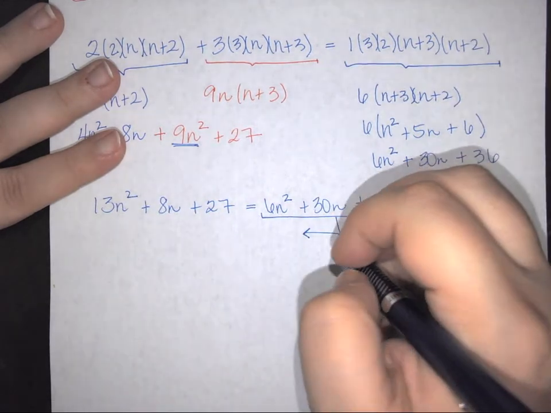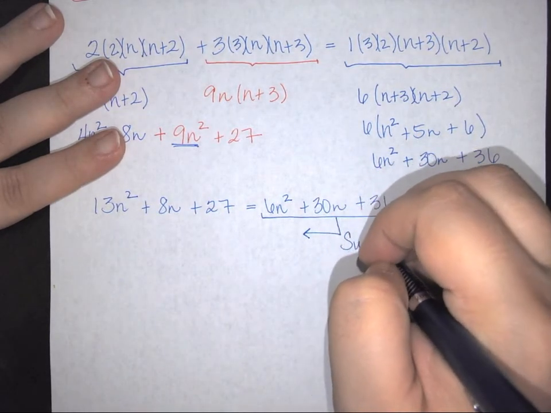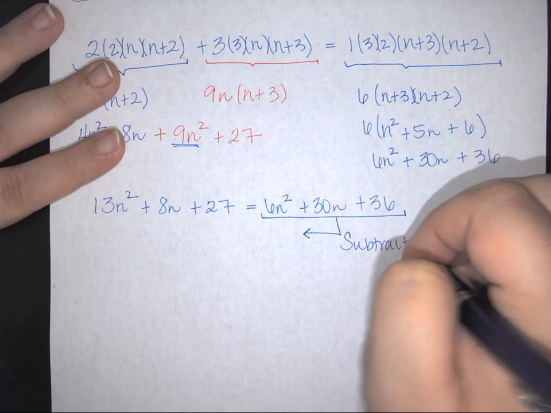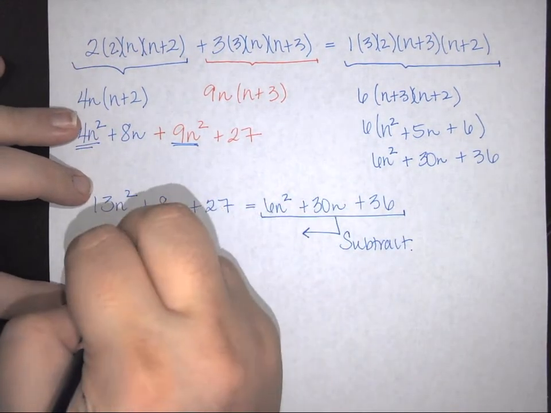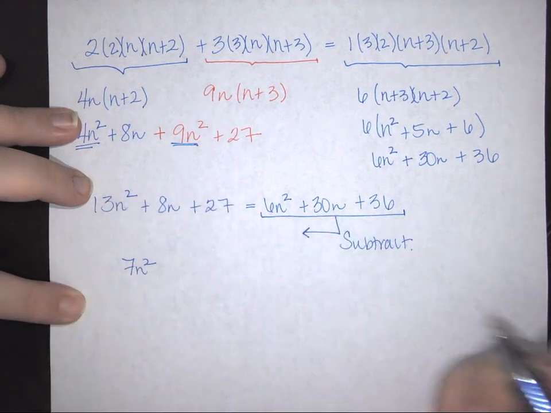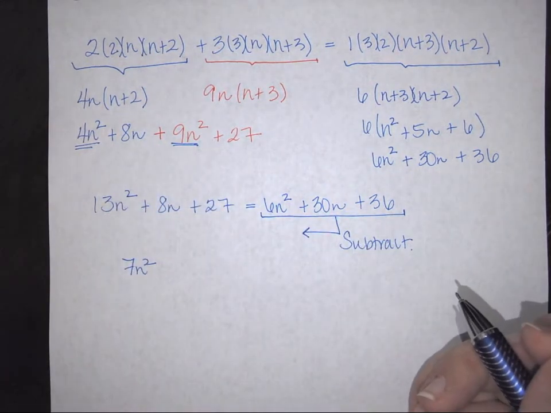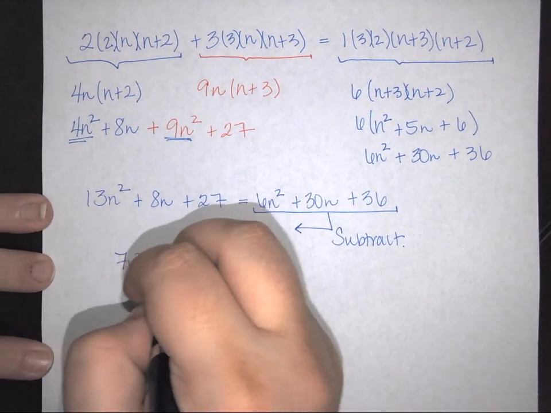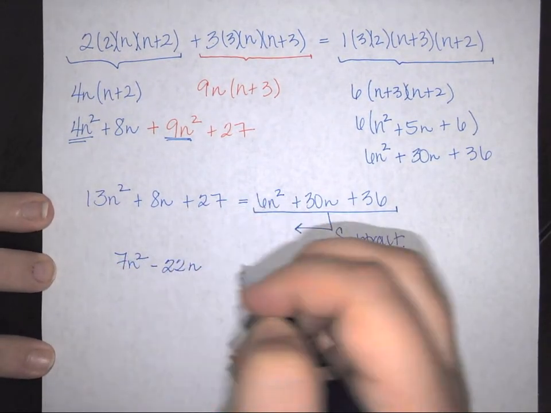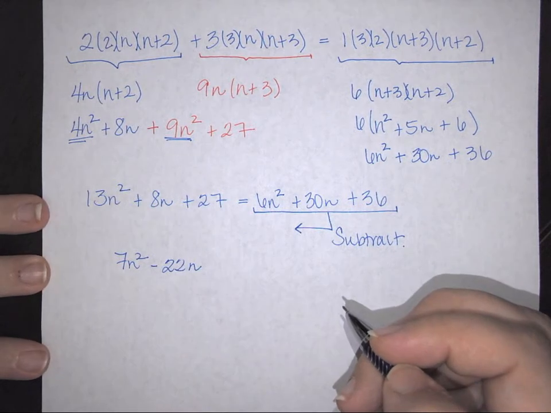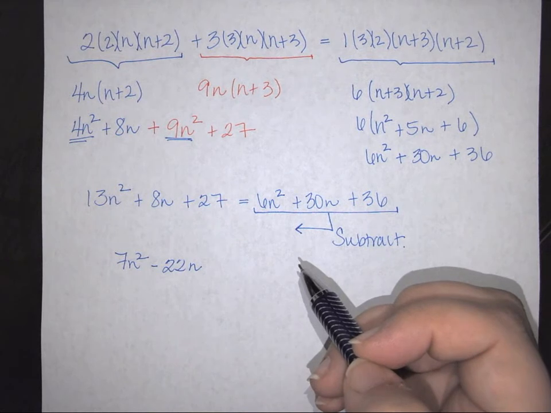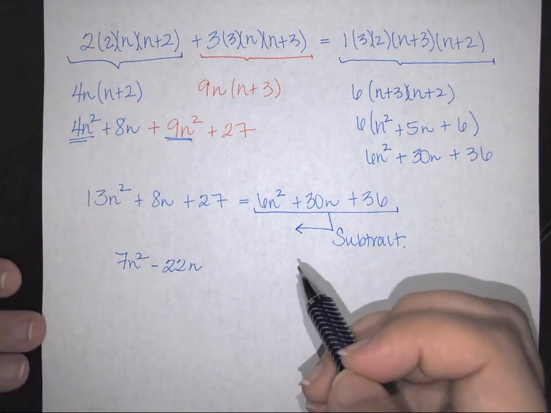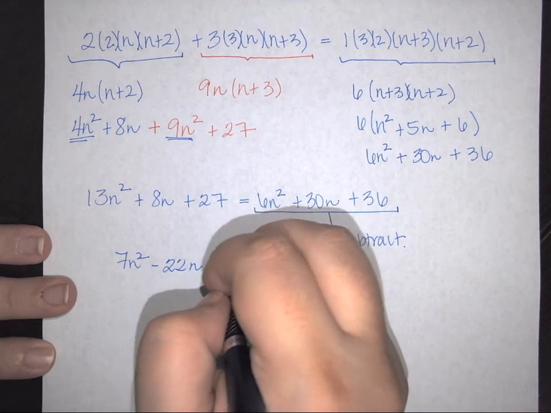All of them are positive, so I have to move each one by subtraction. 13 minus 6 gives me a 7n squared. 8 minus 30 gives me a negative 22n. And then I have 27 minus 36, which is going to give me a negative 9.